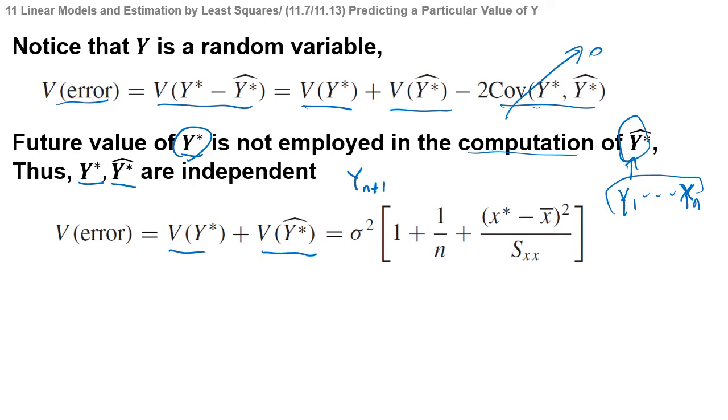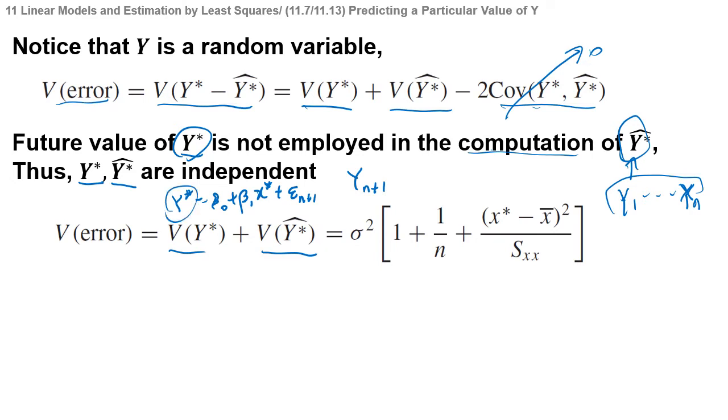And so for the variance of y star, y star is beta 0 plus beta 1 x star plus epsilon, let's say epsilon n plus 1, since we can think of y star as the n plus 1th observation.